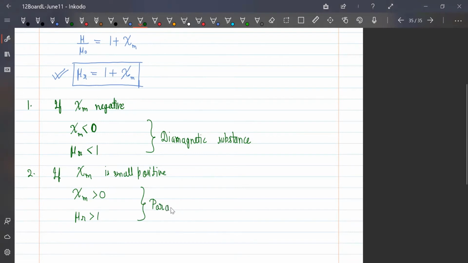In paramagnetic, electrons are unpaired. So it responds positively to the external magnetic field.